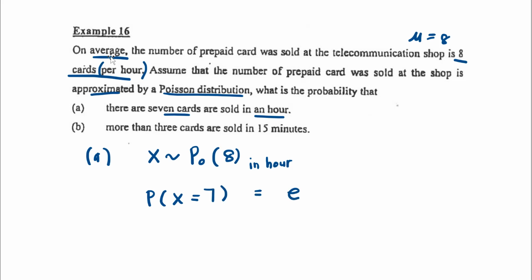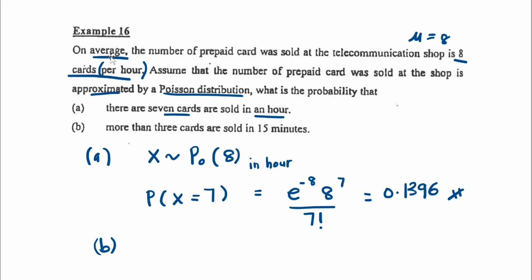We substitute x equal to 7 in the Poisson distribution formula: e to the negative mu, our mu is 8, mu to the power x, our x is 7, over 7 factorial. Then we get 0.1396.